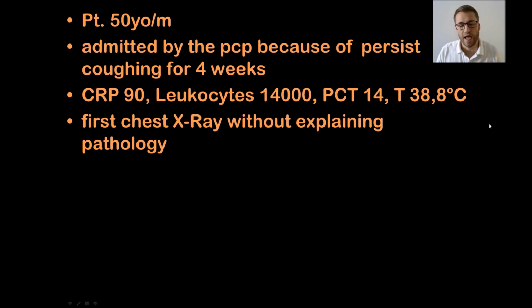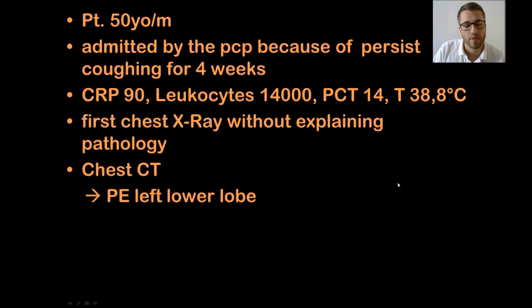The first chest x-ray the patient got in the emergency department showed no explaining pathology, and this is why the patient got the chest CT scan I just showed you, with a diagnosis of a pulmonary embolism in the left lower lobe, which would explain his symptoms of coughing for the last 4 weeks.